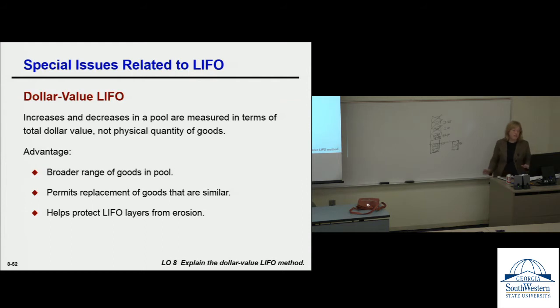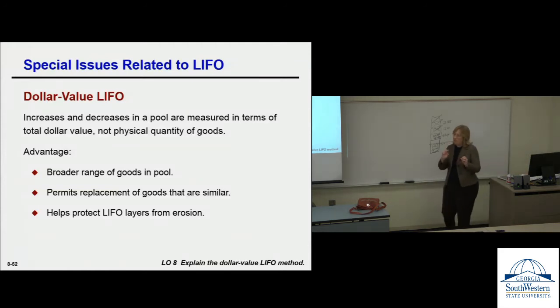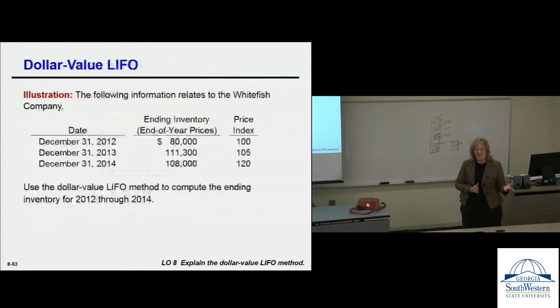So here we put things in pools, and a few pools, and that helps protect each thing like spinach, meat, every little thing from having to maintain this higher level. Because imagine the problem that managers would face if they felt like their inventory was going to get eroded.